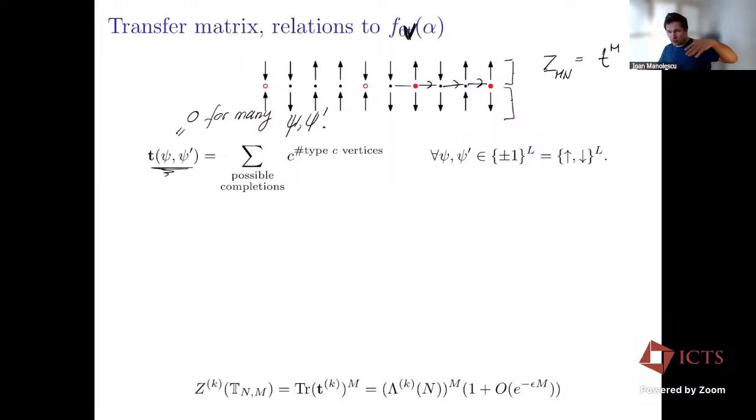You're going to sum over all ways of putting these horizontal configurations. And then you're going to impose that the bottom configuration is the same as at the top because you're on a torus. So that corresponds to taking the trace of the matrix to the power m.